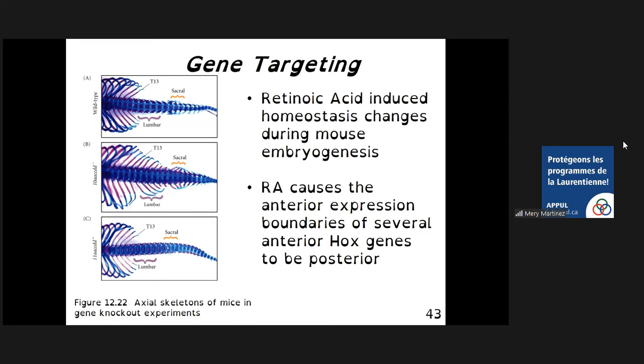What we have here in A, this is the wild type. So we have here the thoracic 13, and we see this type of ribs in this section, and then that's the thoracic, and this is the lumbar, and this is the sacral. So different type of vertebra, right? In B is a complete knockout of HOX10.